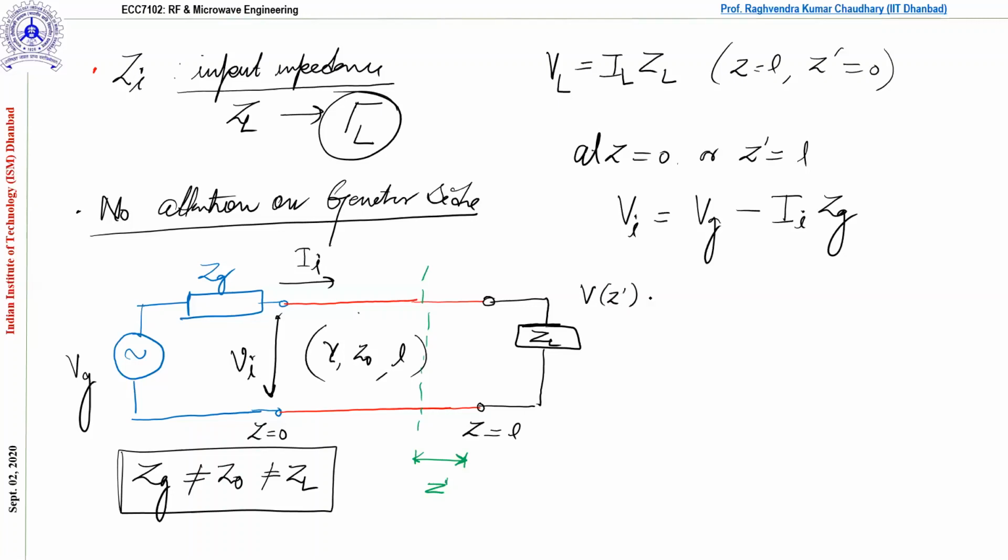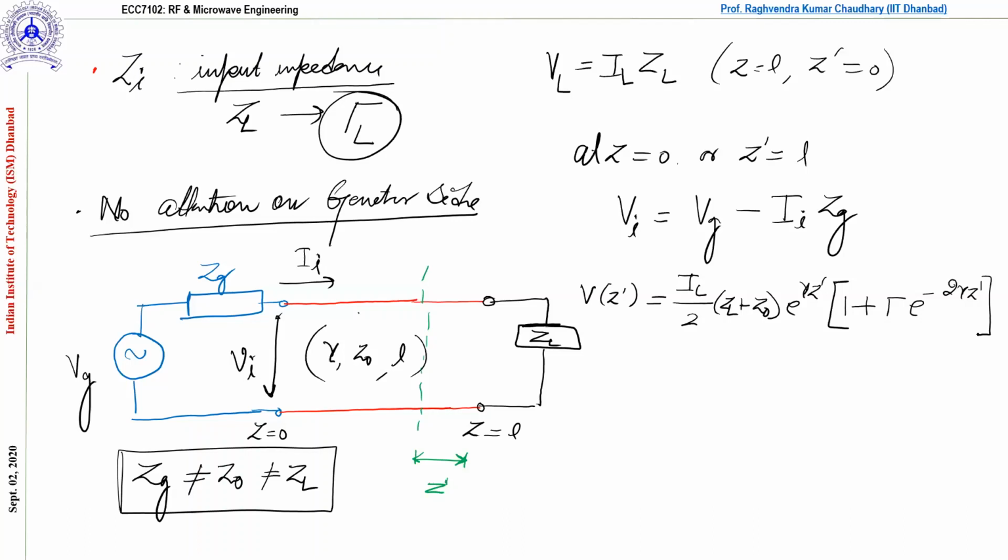So V of Z dash is equal to IL by 2 (ZL plus Z naught) e to the power gamma Z dash, and in bracket we managed last time, if you remember, 1 plus gamma, gamma is the reflection coefficient, e to the power minus 2 gamma Z dash. If you recall these things, we did not consider the source impedance, that is, we considered this a matched system. Okay, so based on that we have the formula.